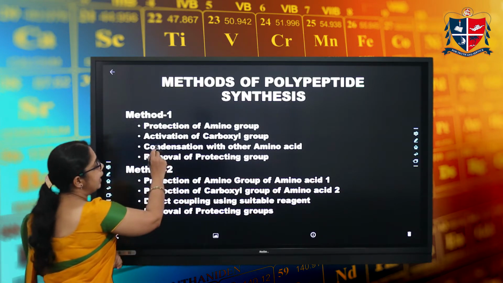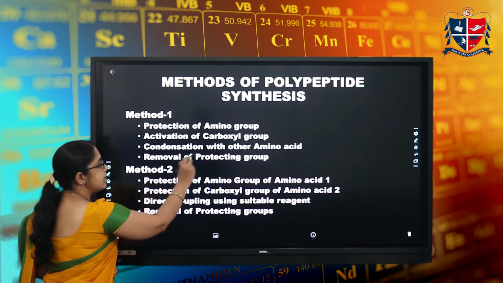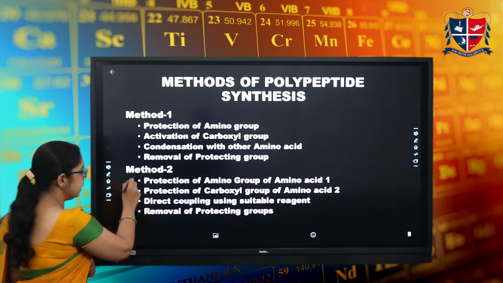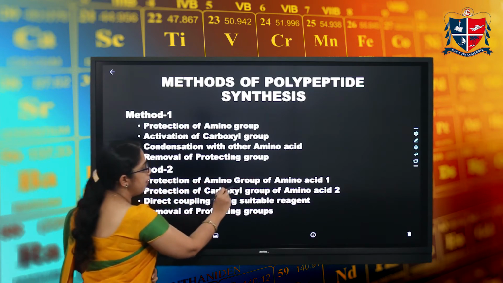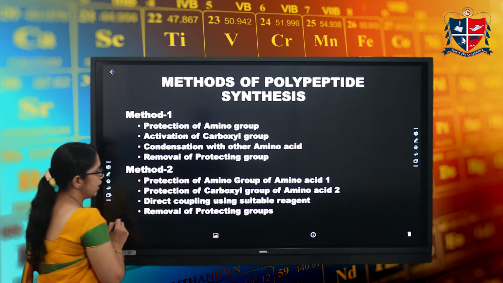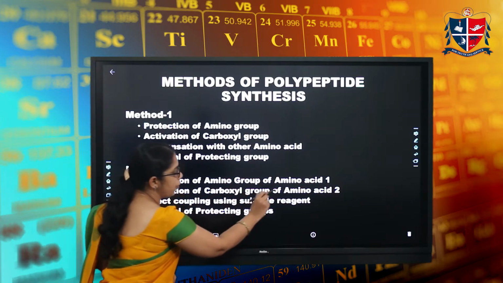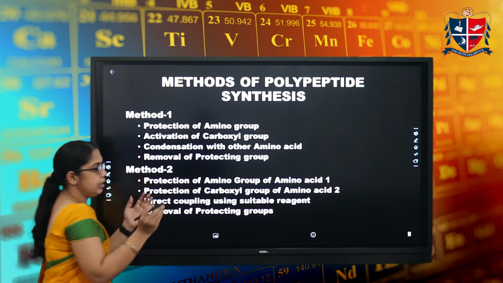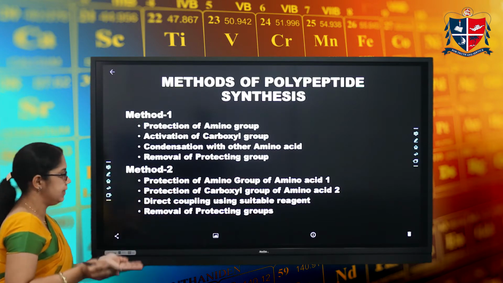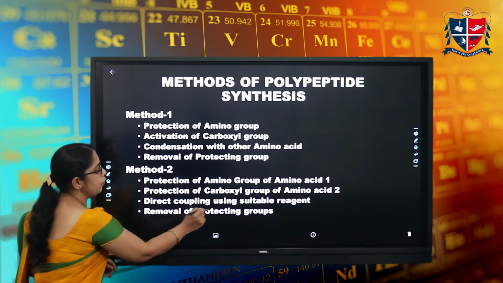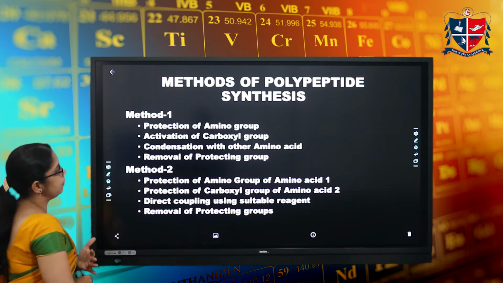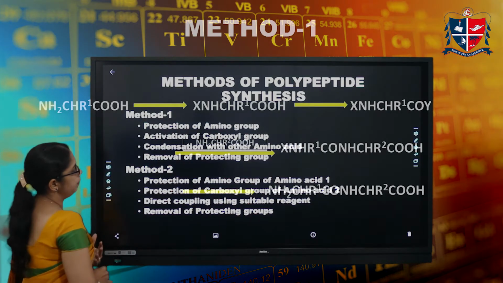In method 2, protection of the amino group of the first amino acid, then protection of the carboxyl group of the second amino acid, then direct coupling in the presence of a suitable reagent like DCC, and last, removal of the protecting groups. So these are the 2 different methods for the synthesis of polypeptides.